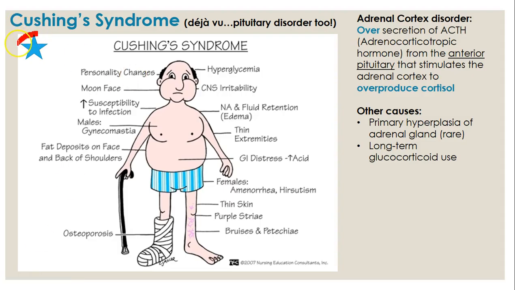Oh my goodness, I swore we just saw this slide not too long ago. So Cushing's syndrome, deja vu. It's a pituitary disorder, but it can also just be an adrenal cortex disorder where there's an oversecretion of ACTH from the anterior pituitary that stimulates the cortex to overproduce cortisol, but there could just be simply a problem in the adrenal cortex that overproduces cortisol.